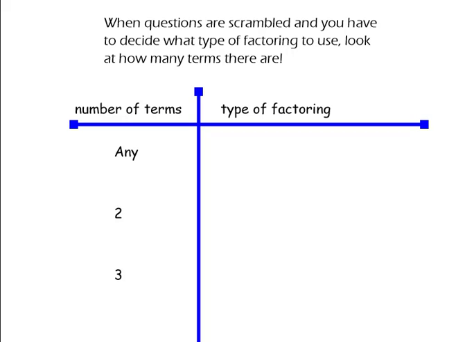What I suggest is to look at the number of terms. And it doesn't matter if there's 2 terms or 3 terms or 4 terms. The first type of factoring you should always look for is the greatest common factor. That's the first type of factoring that you should always check out.